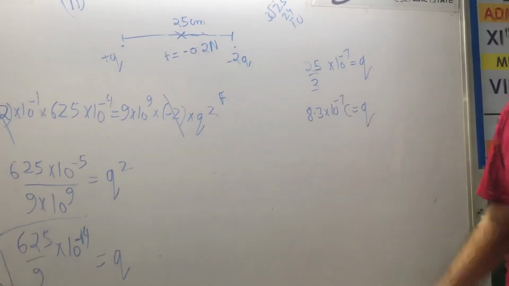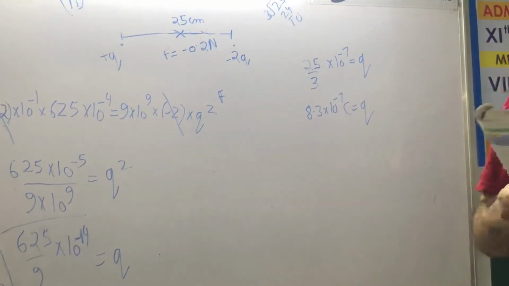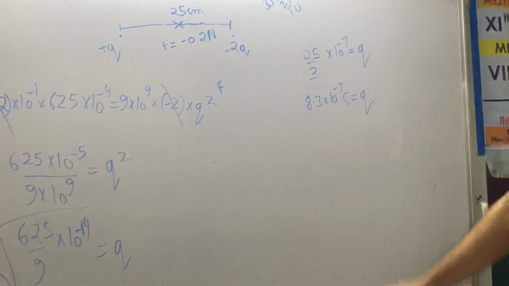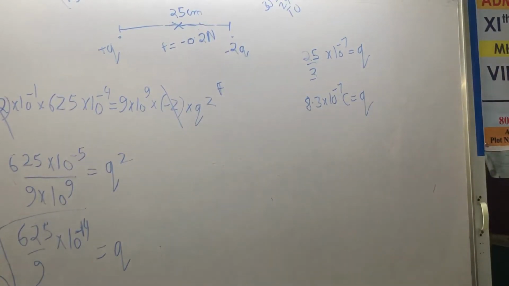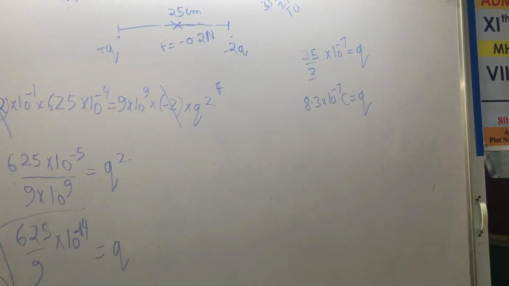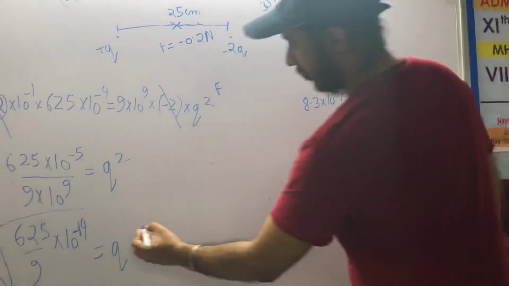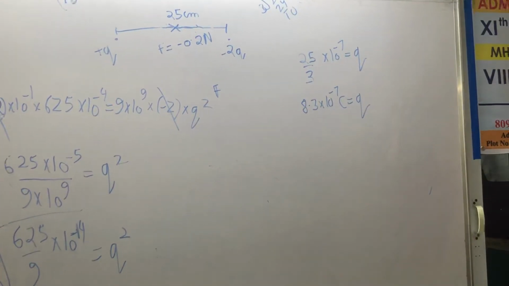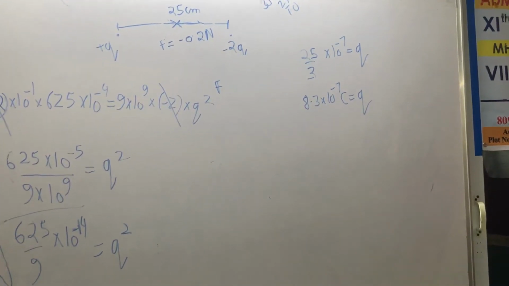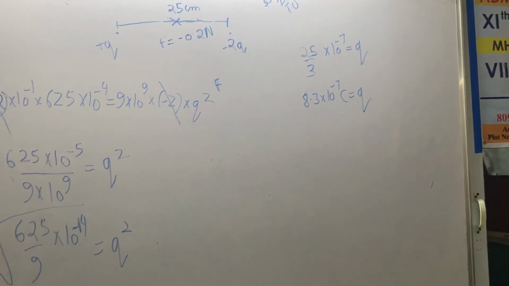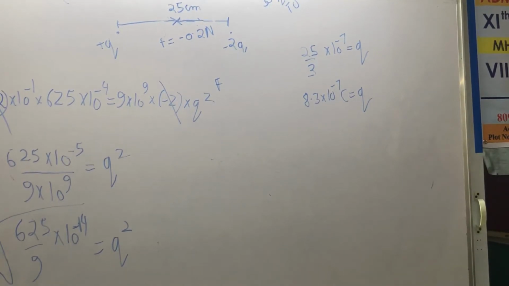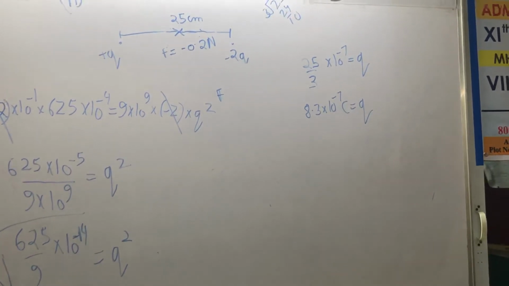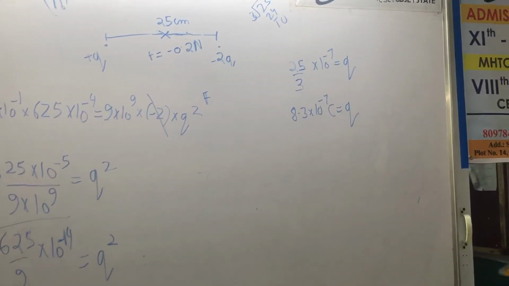So this is the value of Q. Okay, I forgot to write square here. So this was part 2 of question number 3. Let's go ahead. Now we will do the first part.